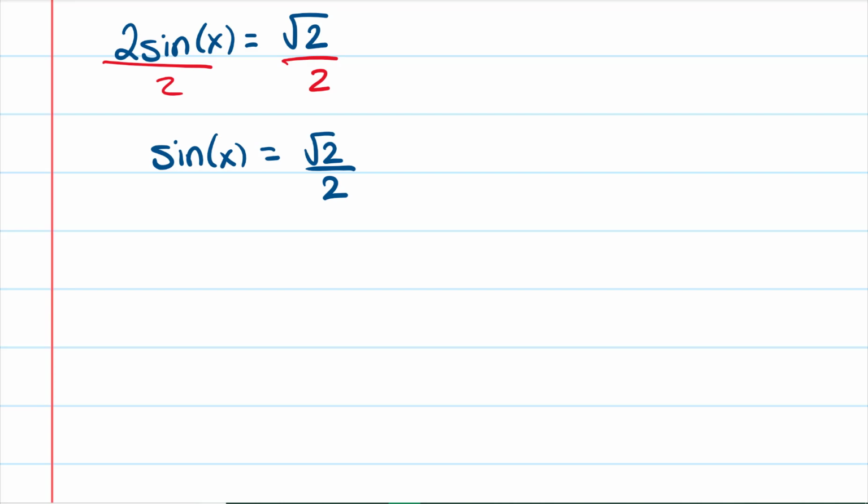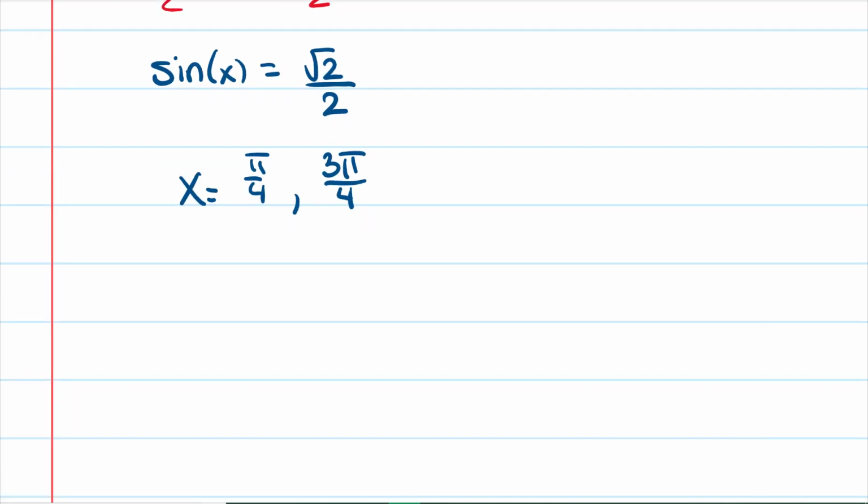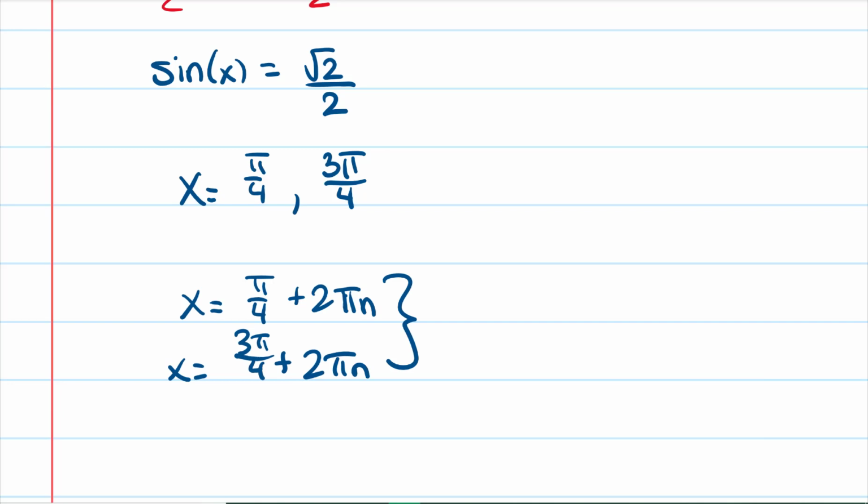Now we figure out where sine of x is equal to radical 2 over 2. We know that it's going to be pi over 4 and 3 pi over 4. So our final answers are pi over 4 plus 2 pi n and 3 pi over 4 plus 2 pi n, where n is in the integers.